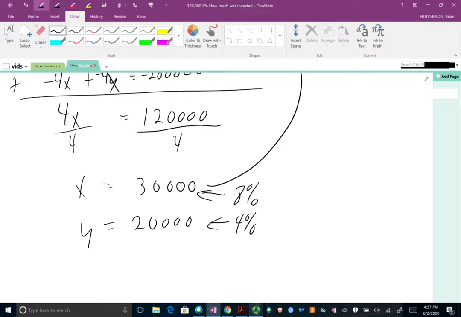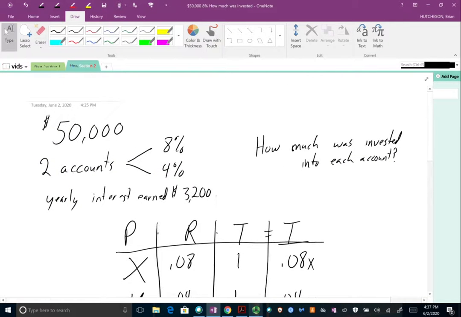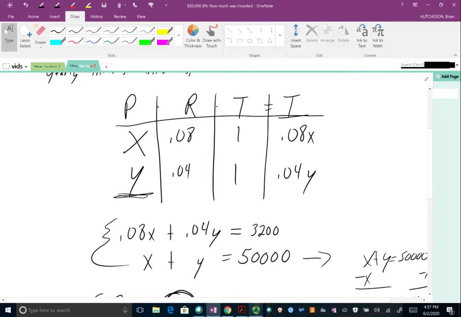So other than that, we have another problem with a way to solve it. But I cannot express enough that word problems don't have to be nasty. You just got to get past the word problems.